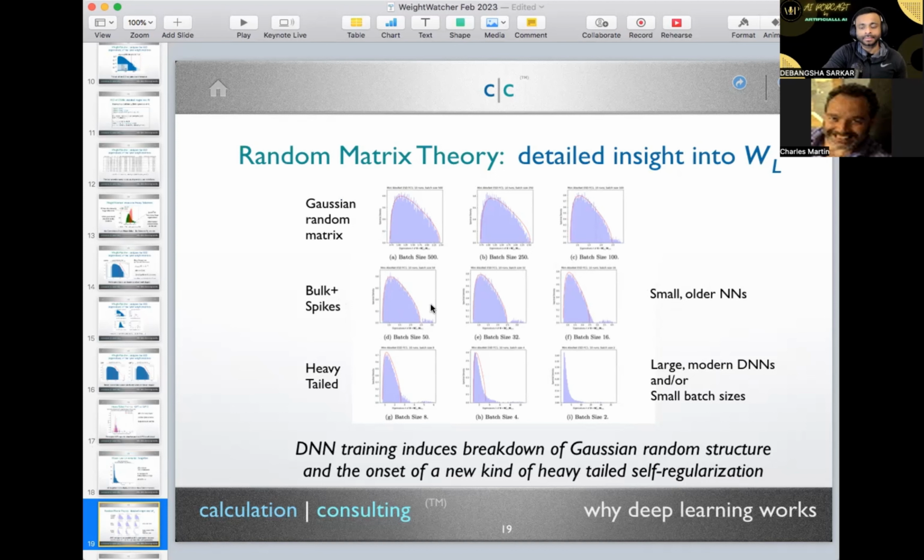As you start getting into larger models, more data, longer training, smaller batch sizes, things that improve generalization, you see the random nature go away and the system becomes heavy-tailed. And at some point, it becomes too heavy-tailed, and we think when it's too heavy-tailed, it's actually overfit. But generally speaking, as you form these tails, you see the total matrix becomes heavy-tailed.